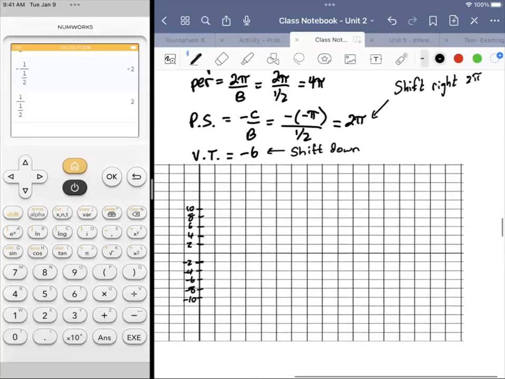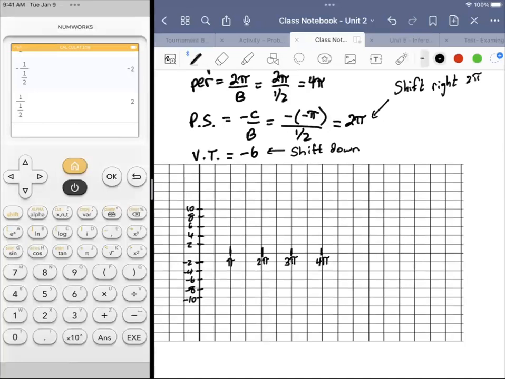I'm going to let pi be 2 units. If you remember from last time, I mentioned that as long as they're even increments, so let pi be equal to an even number of boxes, then you're going to be okay. You might end up overshooting it. You might have to erase and do it over. But if you go with an even number of boxes to represent a particular increment, in this case pi, that's going to be okay.